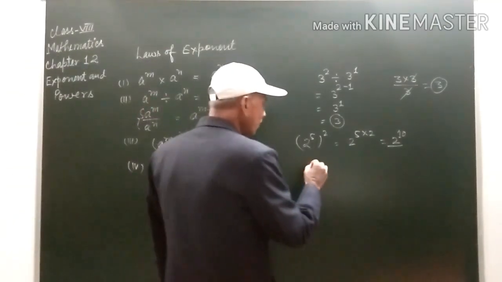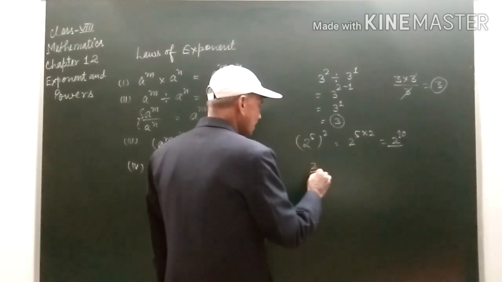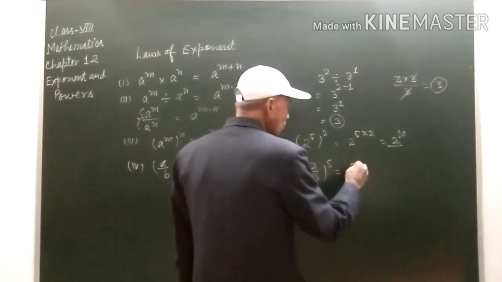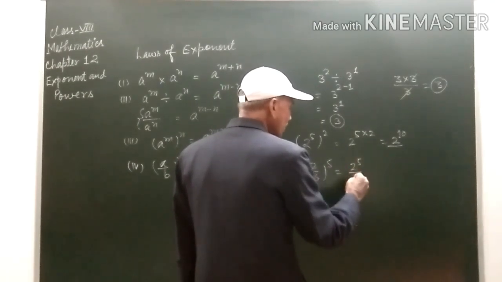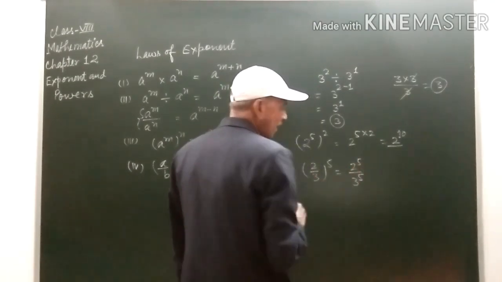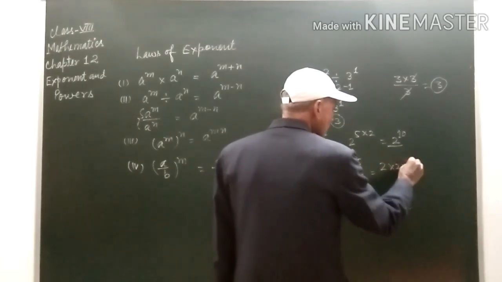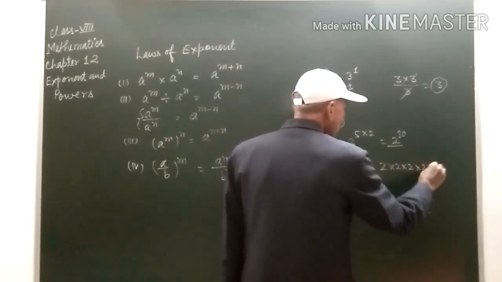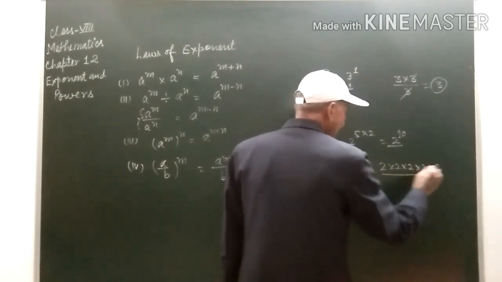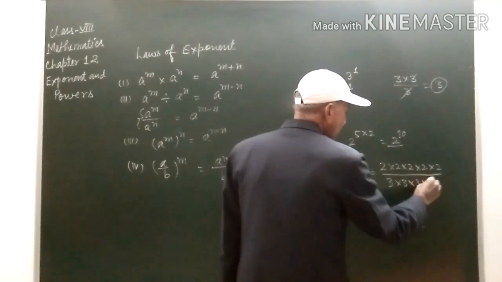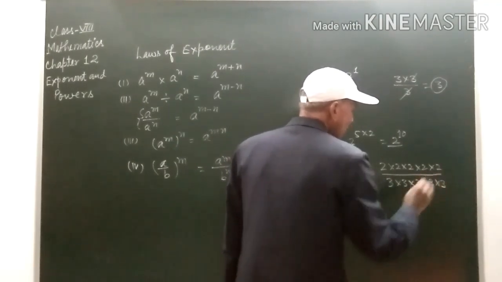For example, 2 by 3 to the power 5 means 2 to the power 5 upon 3 to the power 5. It means you have to multiply 2 five times and 3 five times also: 3 into 3 into 3 into 3 into 3.